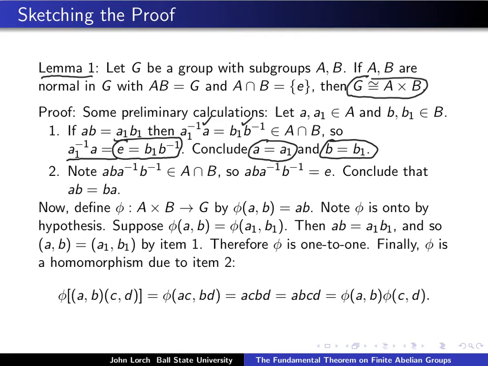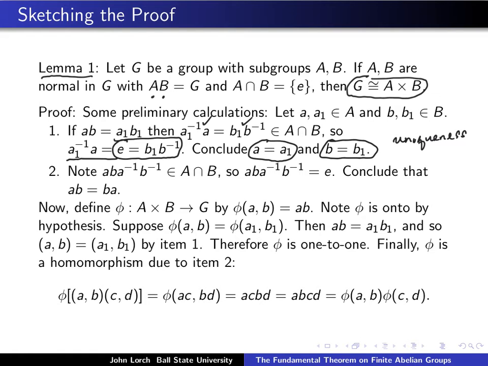So essentially, this is a statement about uniqueness, right? It means that if you have a group element that's expressed as something in A times something in B, then that representation is a unique representation.